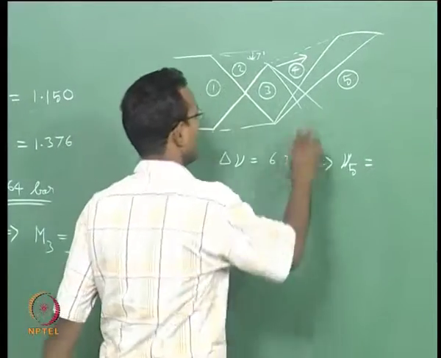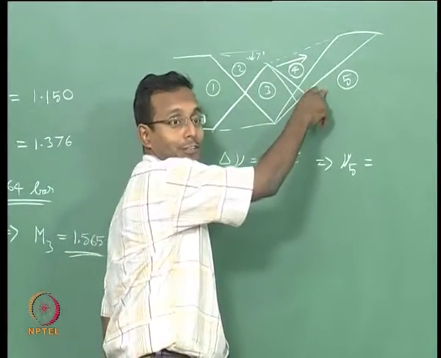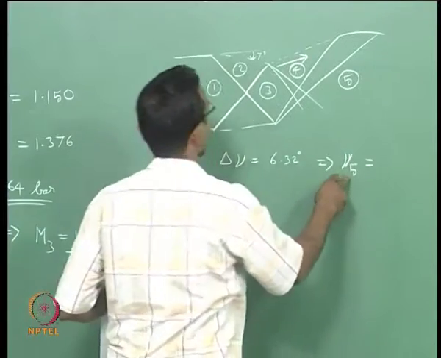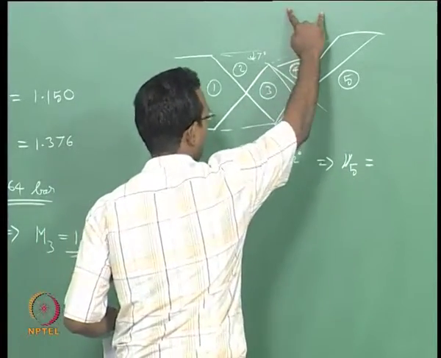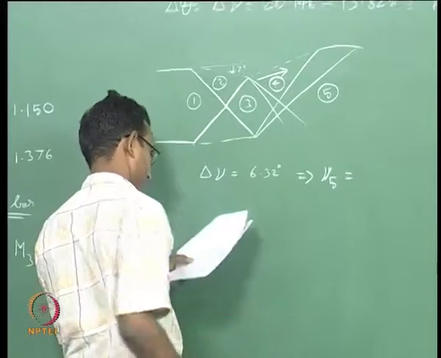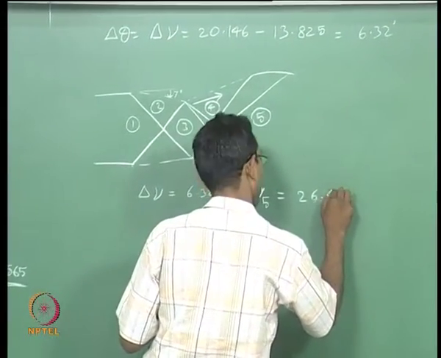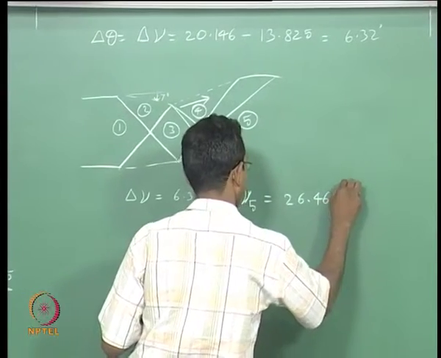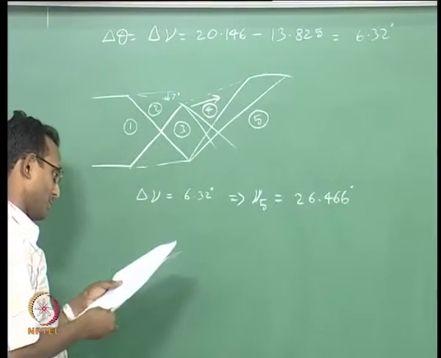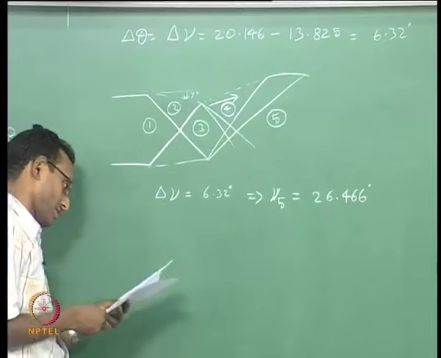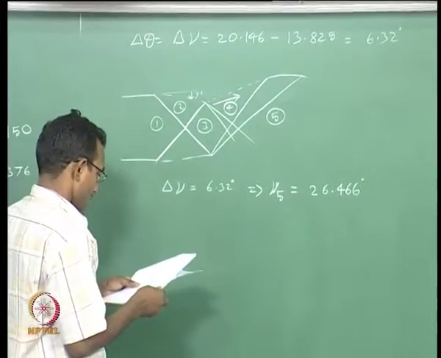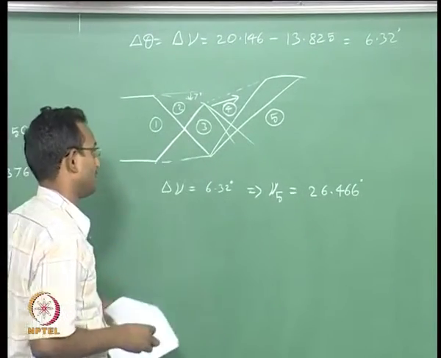Okay. So, I am going to say this will further increase. So, my nu should be the previous nu of 20.146 plus this 6.32. Okay. So, I am getting a number, 26.466 degrees. Okay.